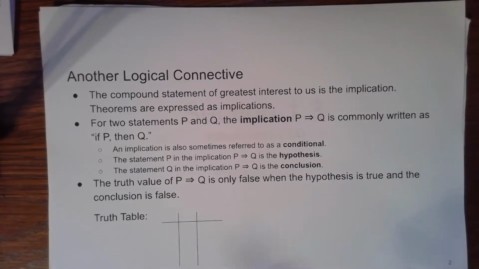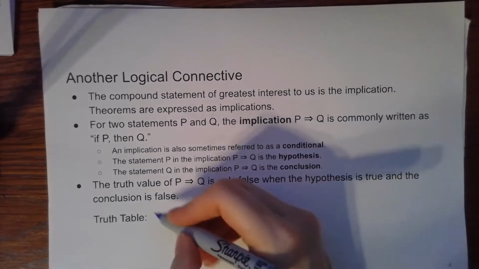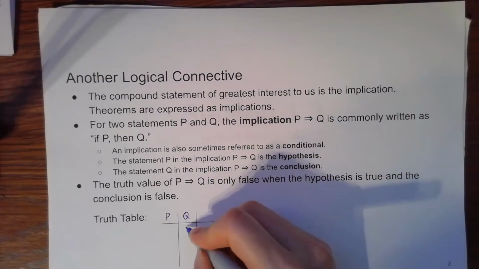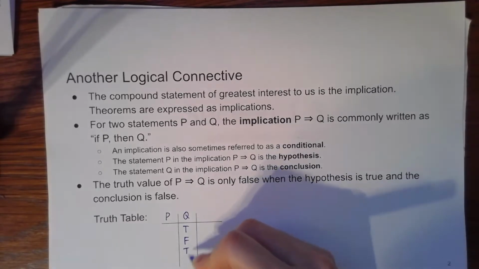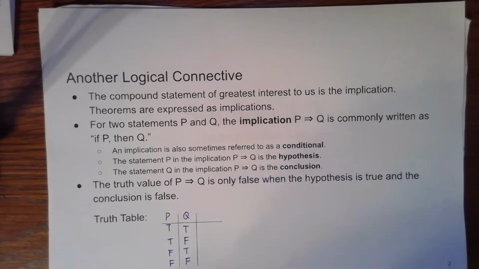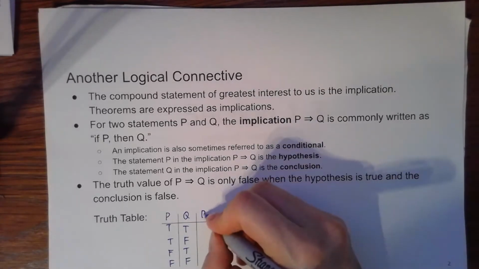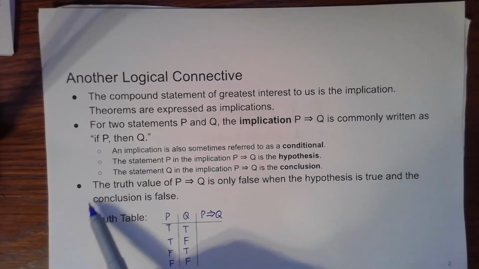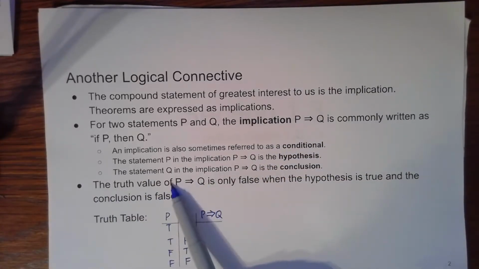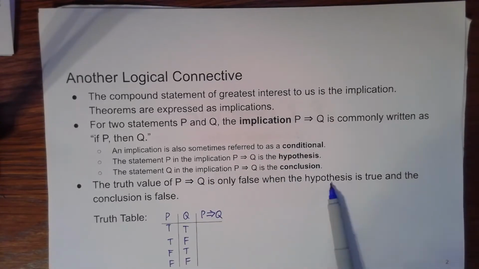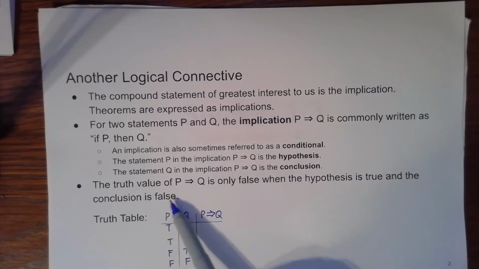So let's look at the truth table for the implication. I'm just going to go ahead and fill in our P and Q values here. So Q is going to be true, false, true, false, and P is going to be true, true, false, false. And then we'll put the logical implication over here. The truth value of the implication statement is only false when the hypothesis is true and the conclusion is false.